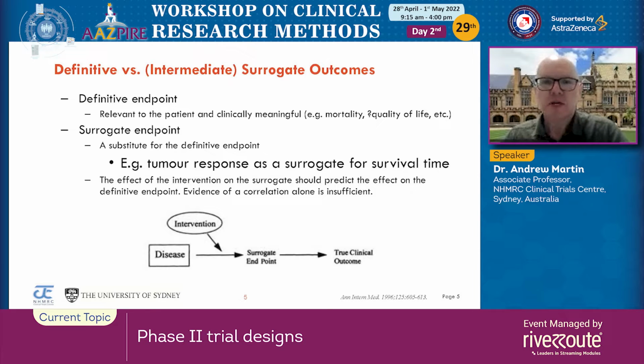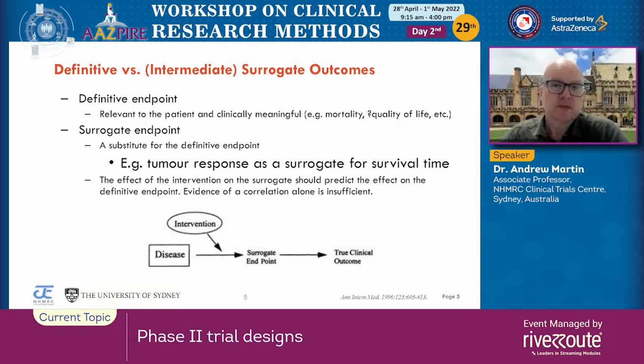Now, when we talk about an intermediate endpoint, we're really hoping that this intermediate endpoint is a good surrogate for a more definitive endpoint, such as overall survival. And if an intermediate endpoint is a good surrogate, then it provides a good substitute for that definitive endpoint.